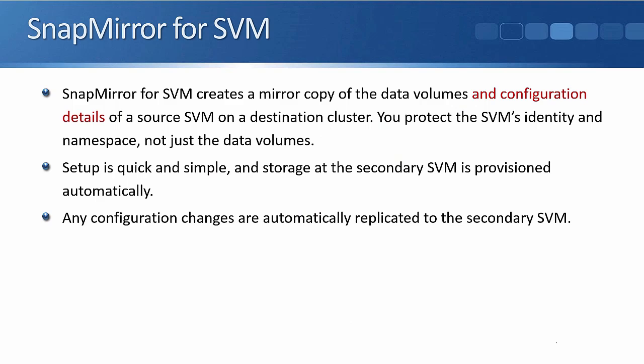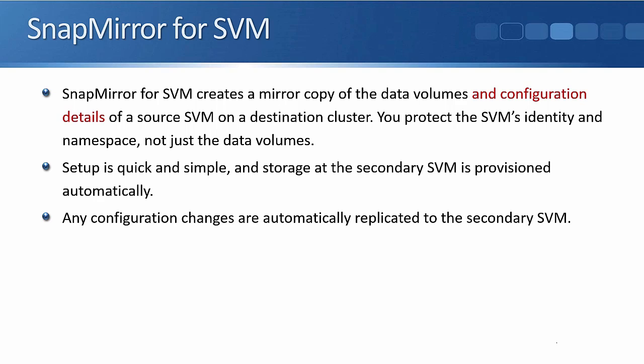Okay, last topic to cover in SnapMirror DP Mirrors is SnapMirror for SVM, which is a new feature. SnapMirror for SVM creates a mirror copy of the data volumes and the configuration details of a source SVM on a destination cluster.